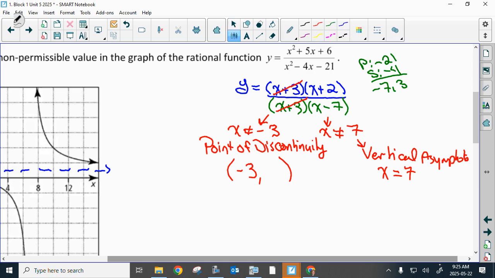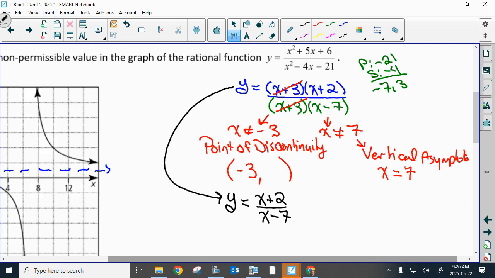How we find the y value of the point of discontinuity: you take your simplified equation. If I had put negative 3 back in the original, it would have been 0 on the bottom, we would have been dividing by 0, and we would have been breaking math. If I put negative 3 in the simplified one, does it break math? It's okay for me to put the negative 3 in this one.